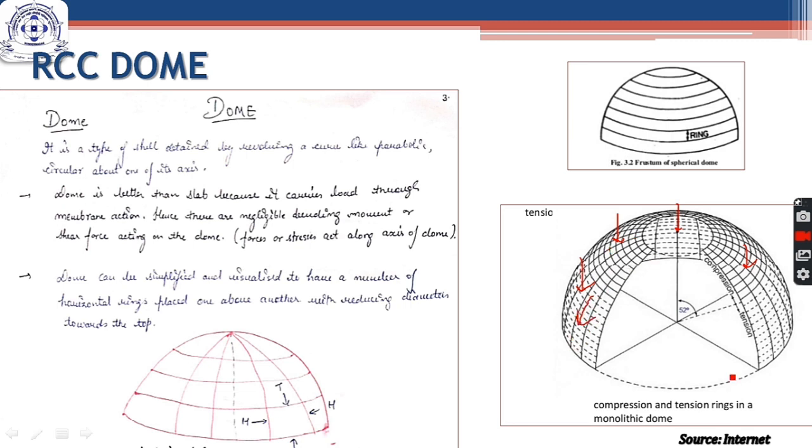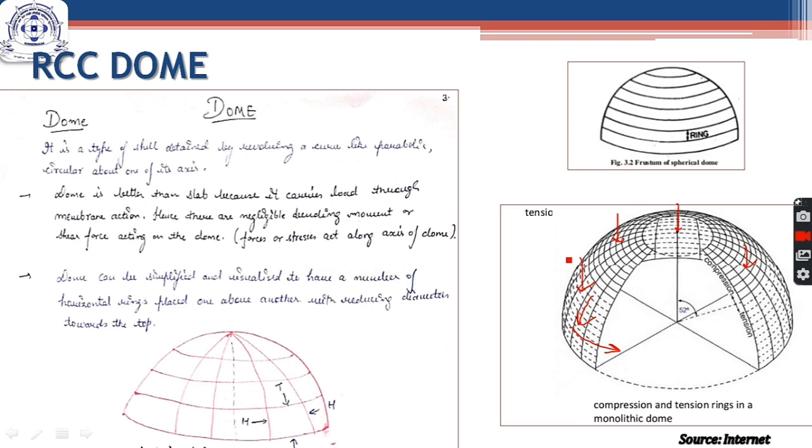The membrane is the surface of the dome, so in this way, this particular load will get transferred. There will be no or very little bending moments and shear forces, hence we will get an economic top cover for the tank. So this is why the tank is provided with a spherical dome at the top.